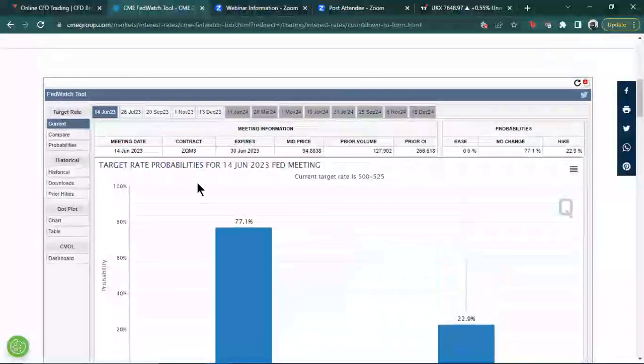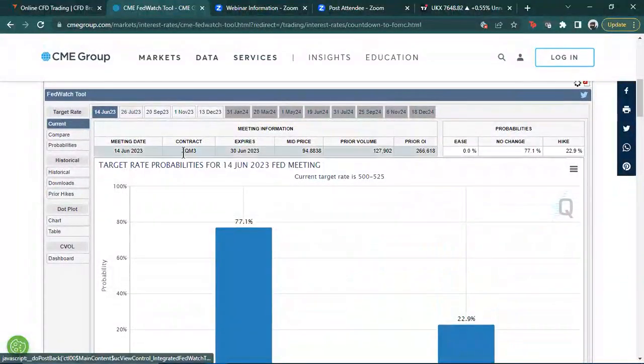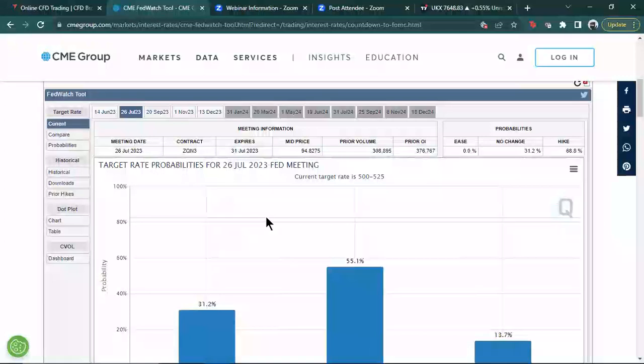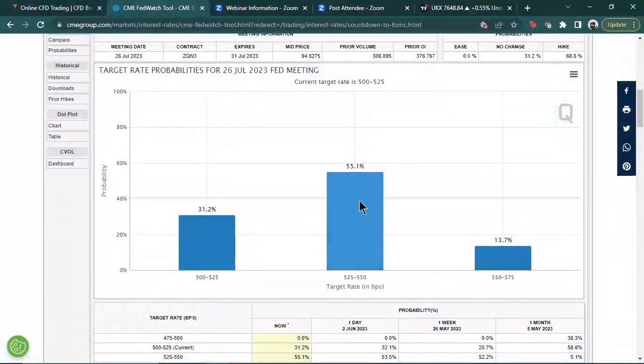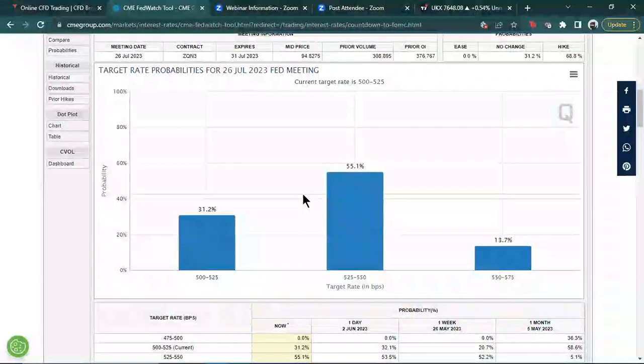And if we skip to the next meeting, which is the 26th of July, you can see there is now around a 68% chance that rates move by at least 25 basis points at the meeting in July. So that's the idea of this skip theme taking hold.